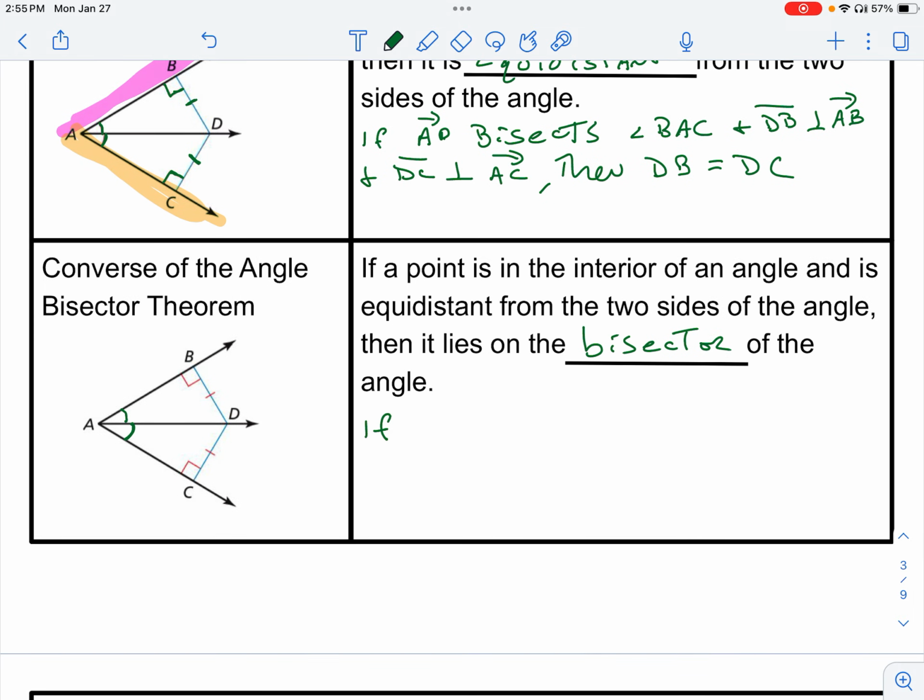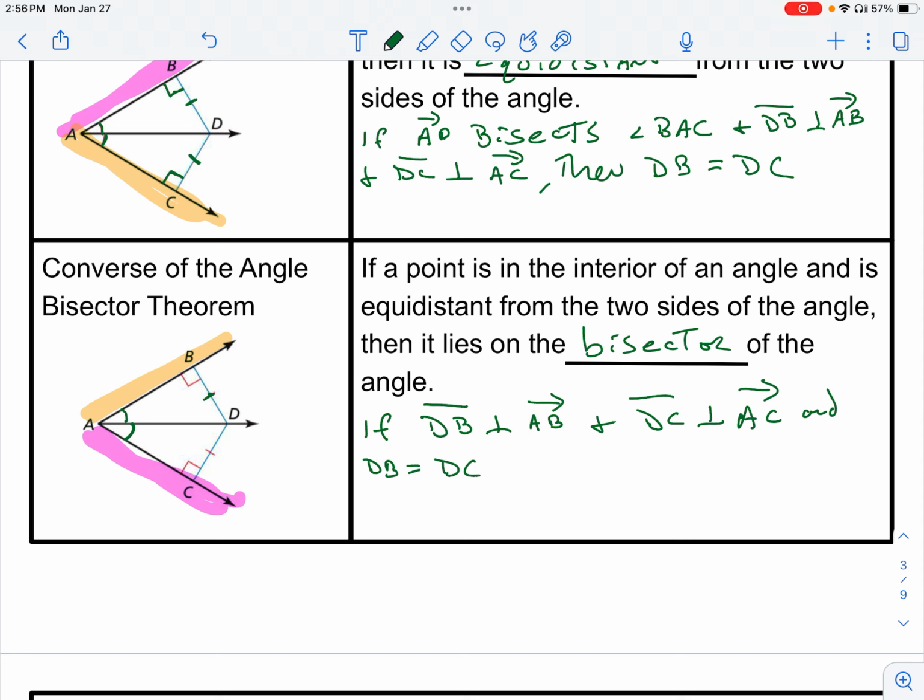So the math speak for that is if segment DB is perpendicular to ray AB, right here, and segment DC is perpendicular to ray AC, right here, and DB equals DC, which is this guy here, then ray AD bisects angle BAC.